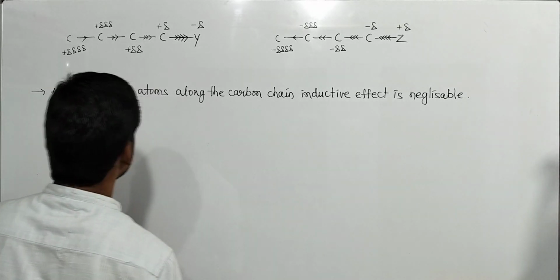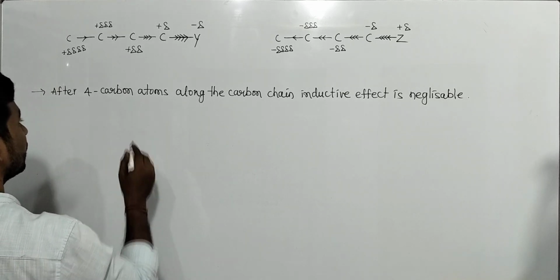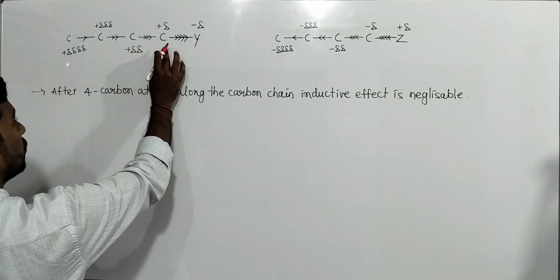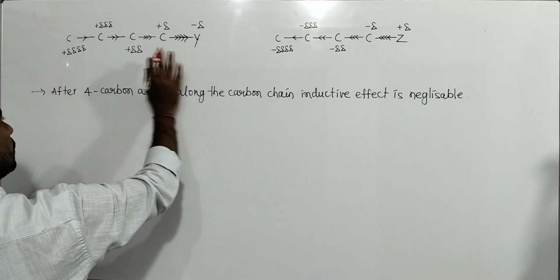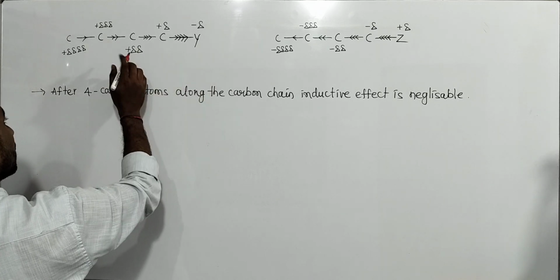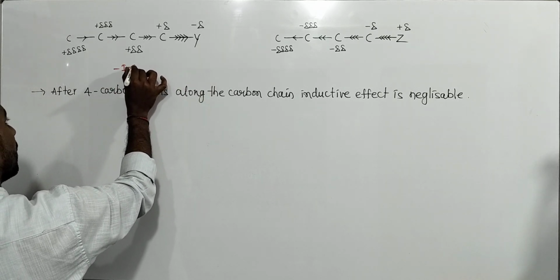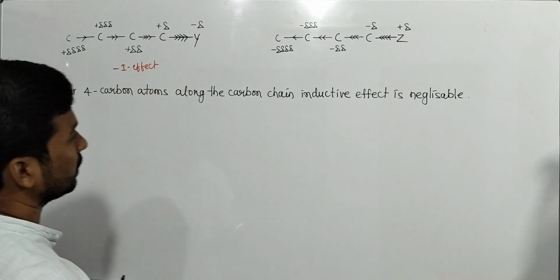Here in this case, when the electrons are moved towards the substituent, away from the carbon chain, that is called the minus I effect.